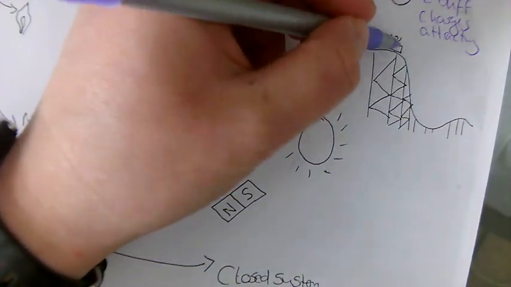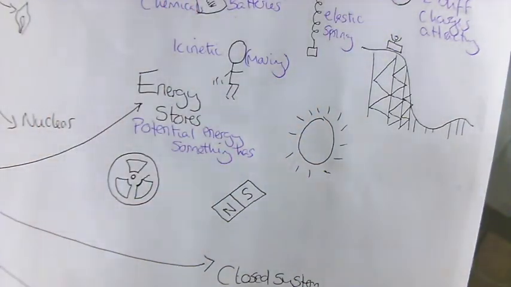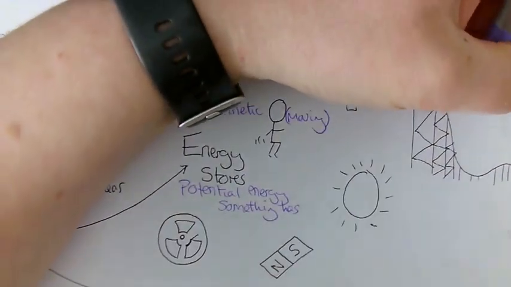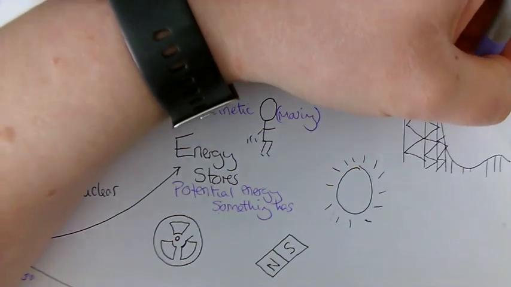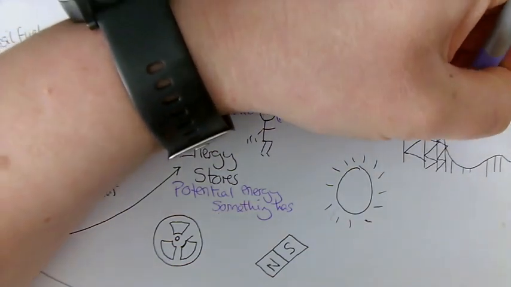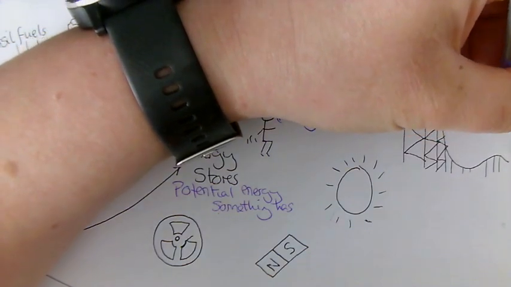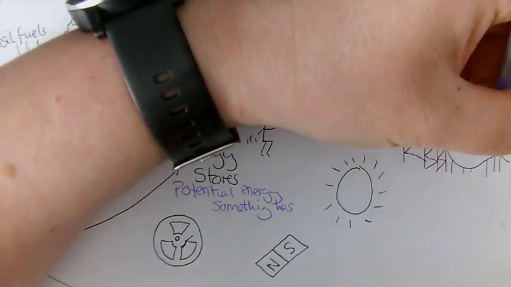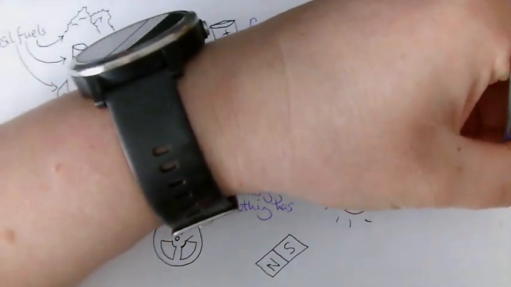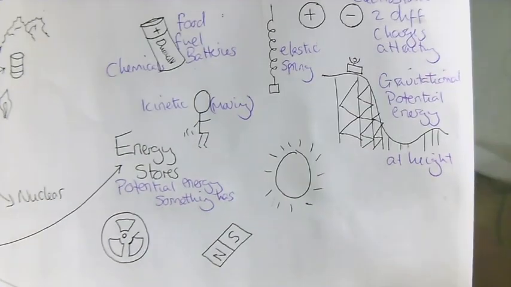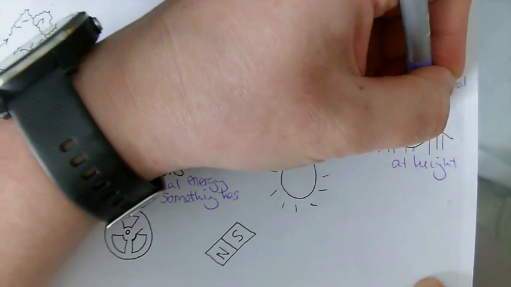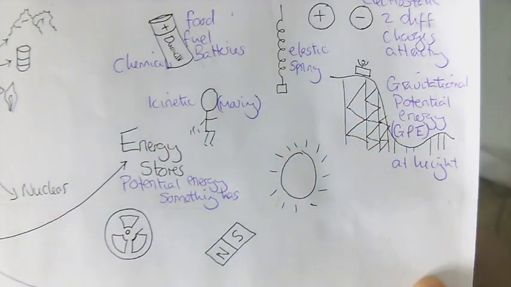So when the roller coaster is at height, it has gravitational potential energy. This can also be shortened just to GPE, like so.